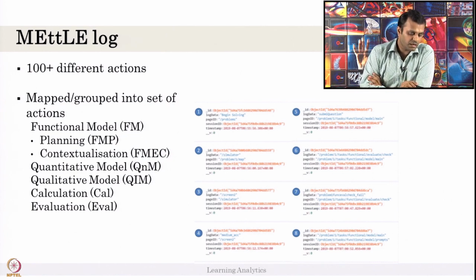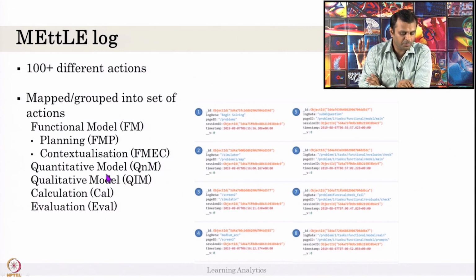So what we did, we grouped all the planning actions in the functional model as FMP, functional model planning. All the execution or contextualization values in the functional model are FMEC.